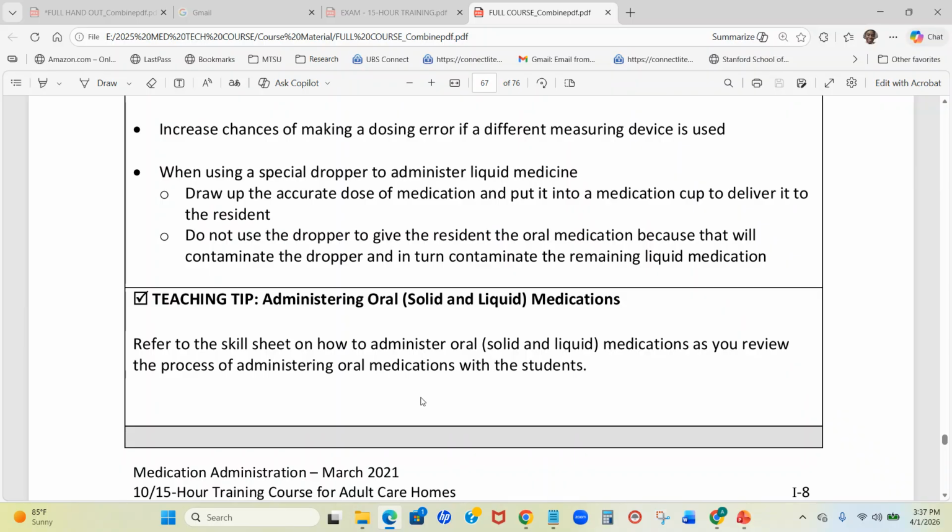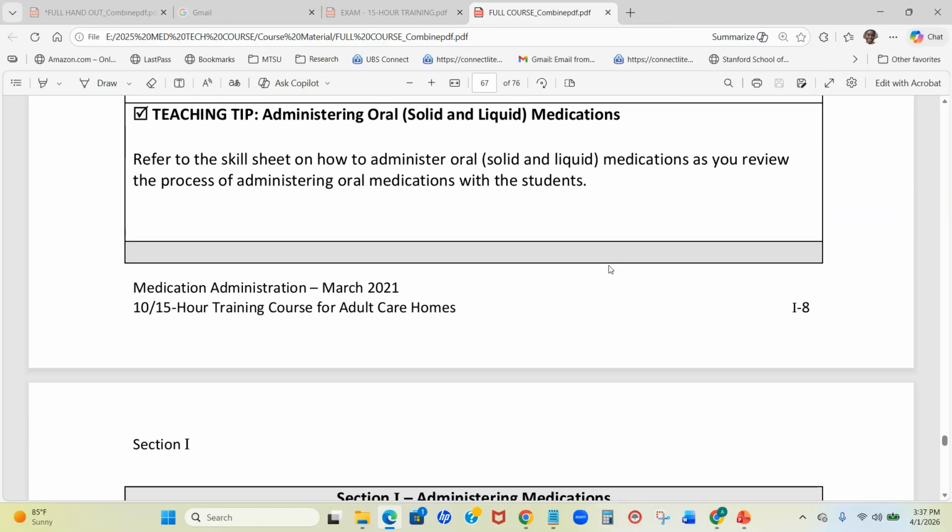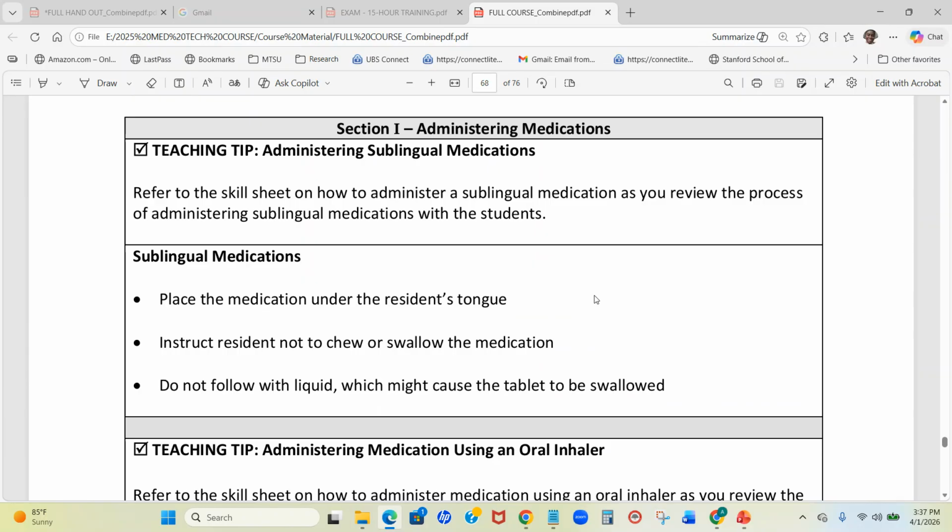So when you squeeze with the dropper and get the accurate measurement, don't put it inside the resident's mouth. Put it into a cup and give it to the resident. We will look at the skill sheet on how to administer the solid and liquid oral medications when we get to the lab.